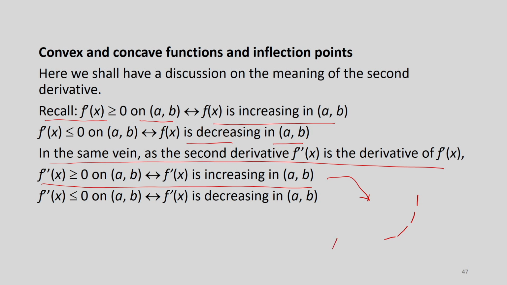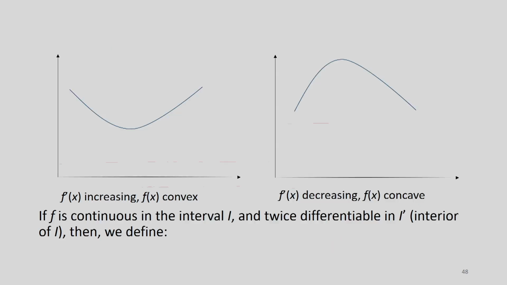It is something like this, the slope is going down. This is what it means. And from this we can actually get an idea of concavity and convexity.